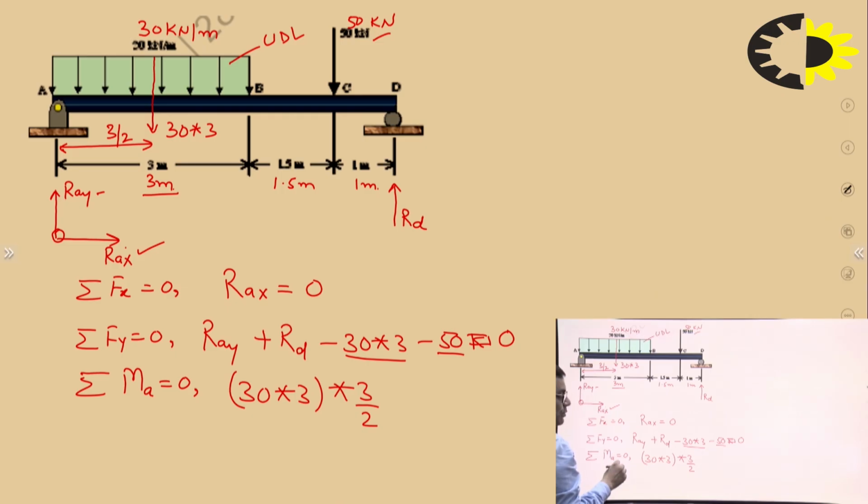It has a clockwise tendency of rotation about point A, so I am taking it as positive.